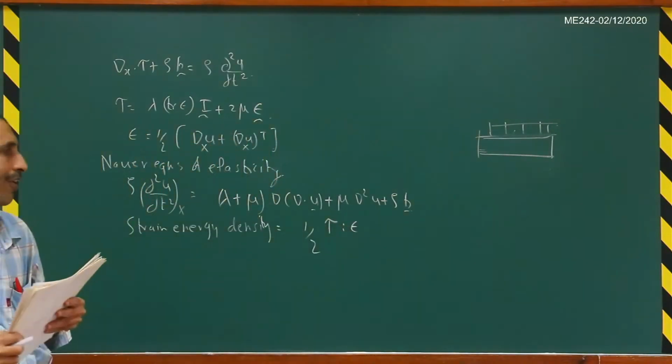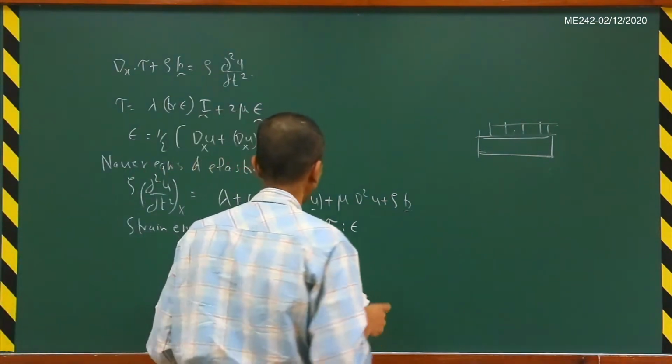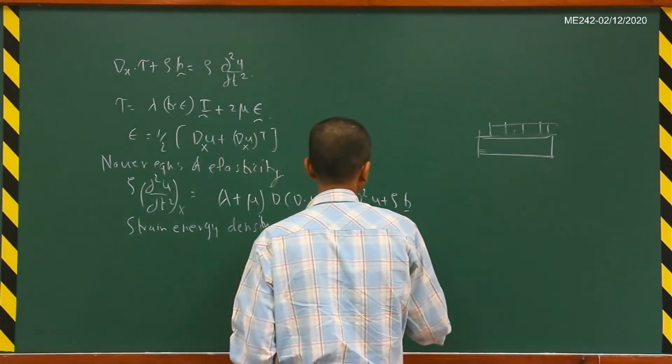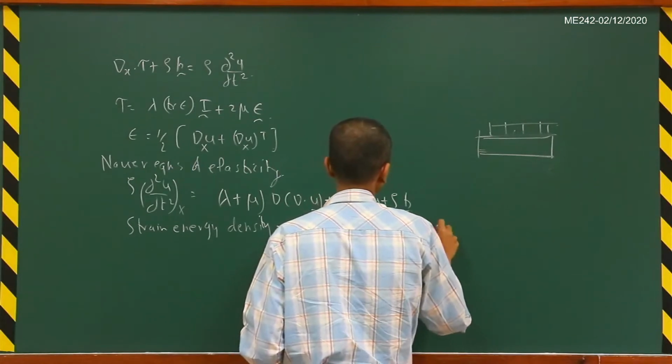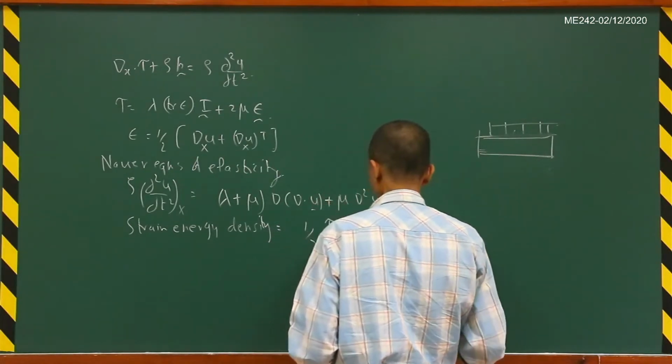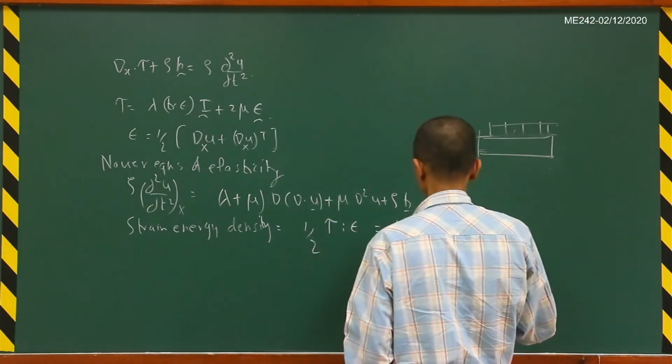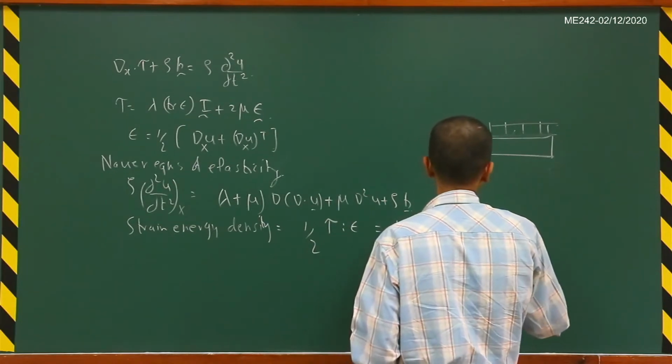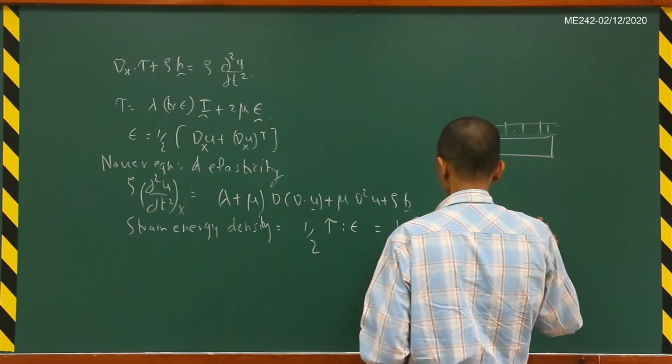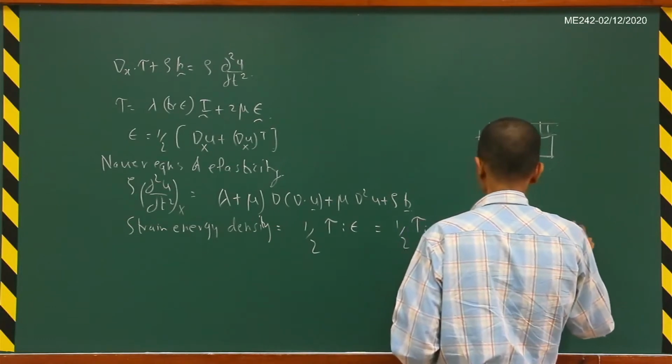That is how we define the strain energy density. In index notation, this will look like half of tau ij epsilon ij, or you can write this as half of C ijkl times epsilon ij epsilon kl.